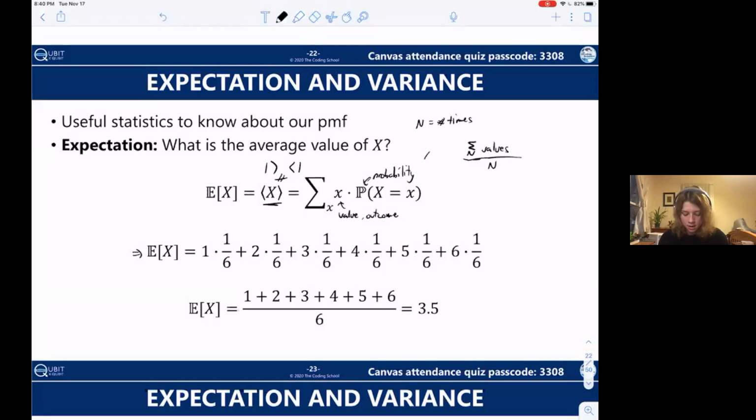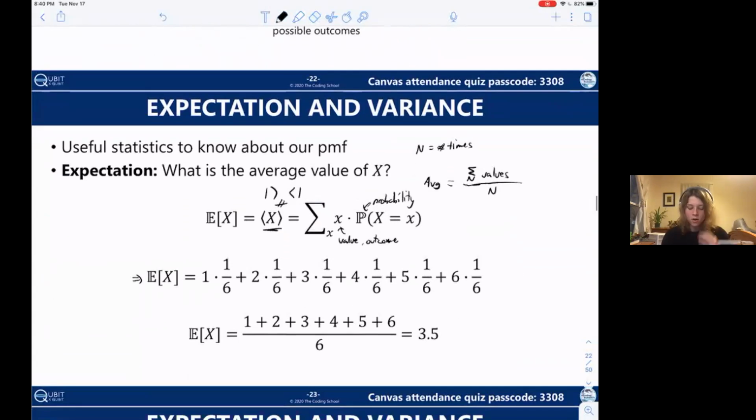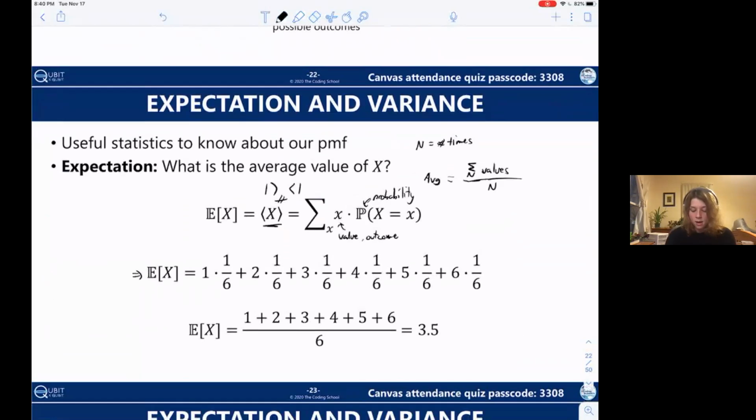This is our average value: the sum over all the values that you got out, these n times, divided by the number of times you threw it.